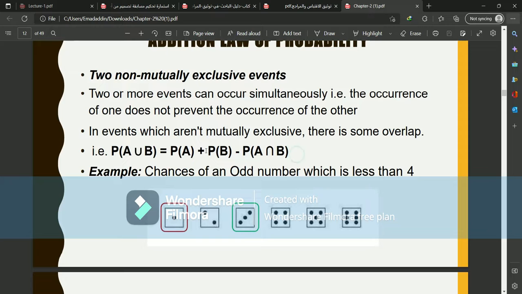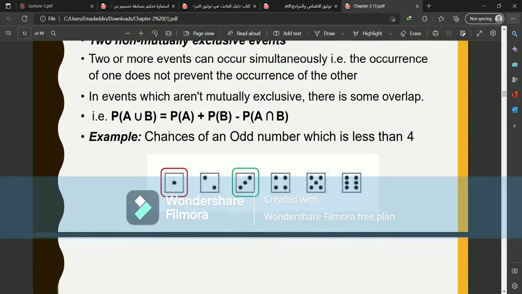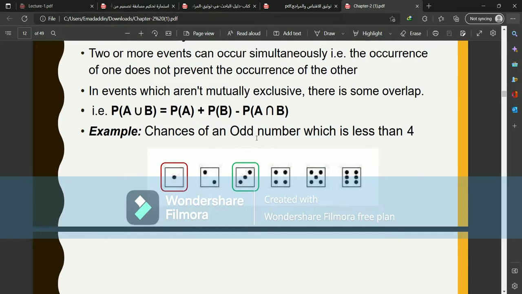This equation expresses the meaning that the occurrence of one does not prevent the occurrence of the other. For example, the chances of an odd number which is less than 4: we have 1 and 3.